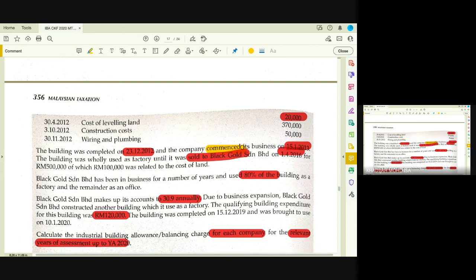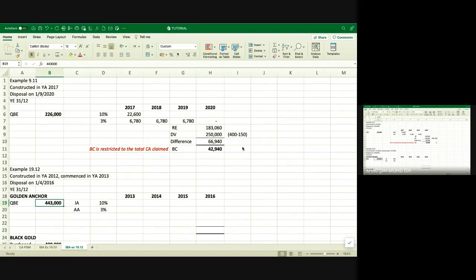So maybe for this building, it's difficult because you need the building in order for you to run the business, right? But there are ways for you to commence your business without having to wait for the building to be completed. So that is another topic. So for this one, you are going to start claiming your CA in YA 2013.